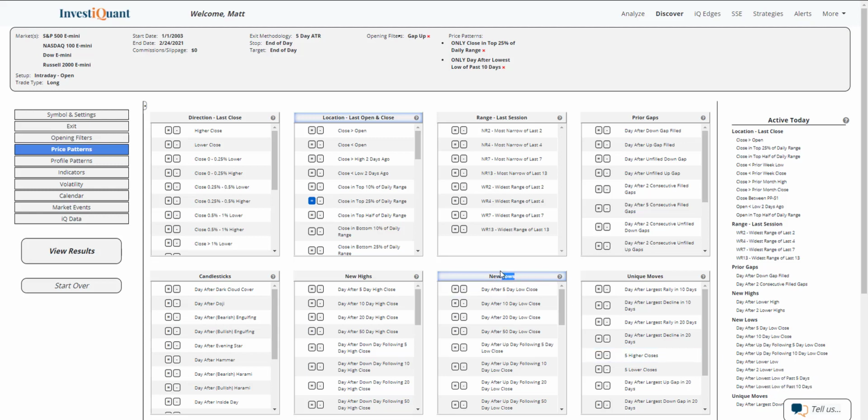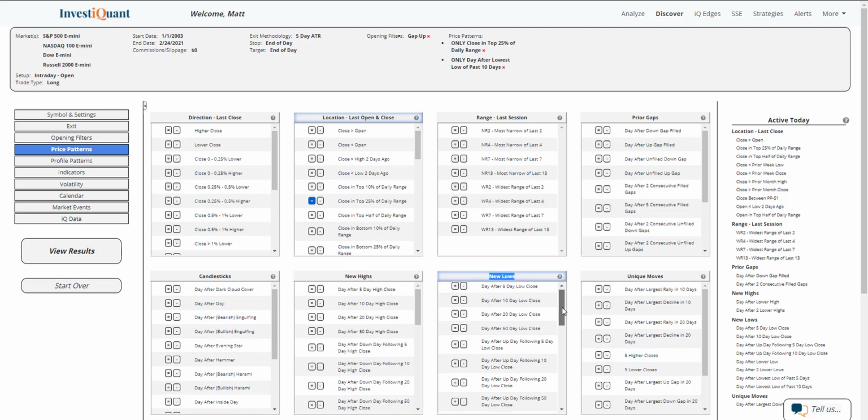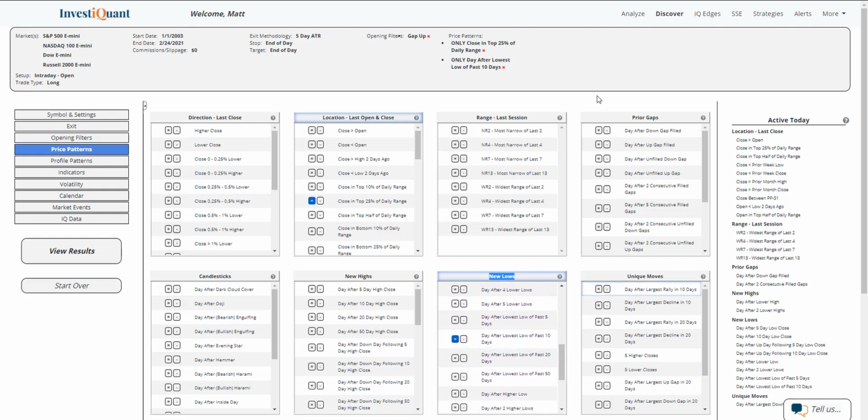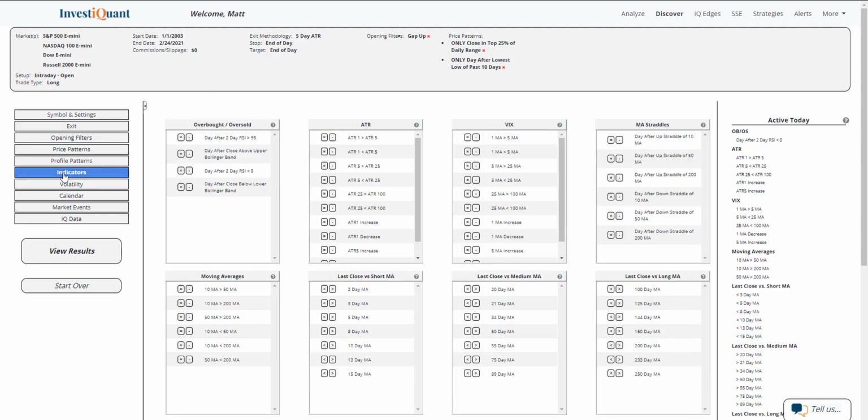That comes from this new lows category, and there's a bunch of them in here. If I scroll down a ways, you will see it. There it is. I've added it to the test, so that's the price pattern that I want to add, where it says we made the lowest low of the past 10 sessions, but we closed up near the highs of the session. And then last, I'm going to go into the indicators section, put us in a similar market environment where we are below a 10-day simple moving average, but above a 200-day simple moving average. And now I can click view results.